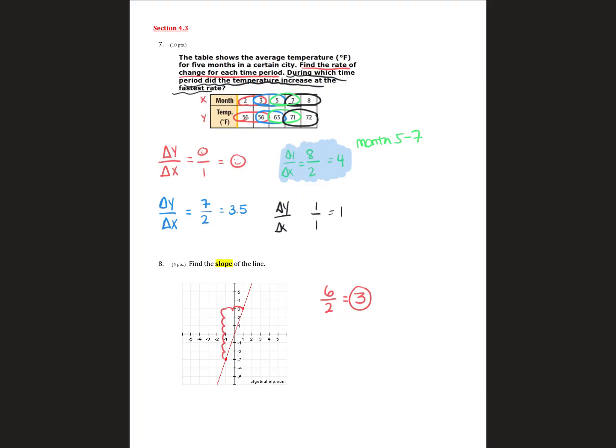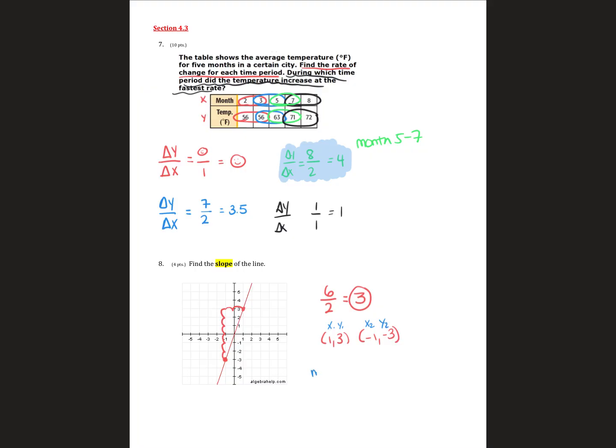Now, if you took those two ordered pairs of those points, we have (1, 3) and (-1, -3). And we're going to do x1, y1, x2, y2. My first ordered pair, my second ordered pair.